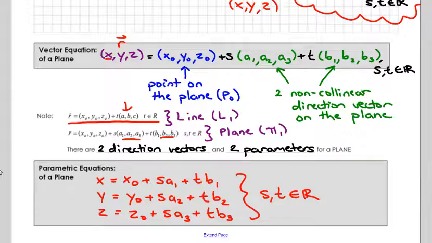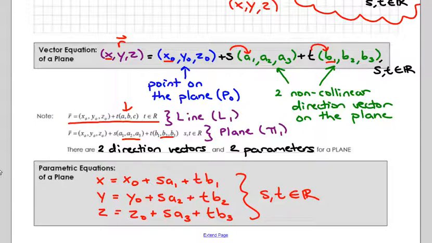So x is equal to x naught plus s times the x component of your first direction vector plus t times the x component of your second direction vector. Holy cow, that's a mouthful. You can also solve for your y and your z separately as well.